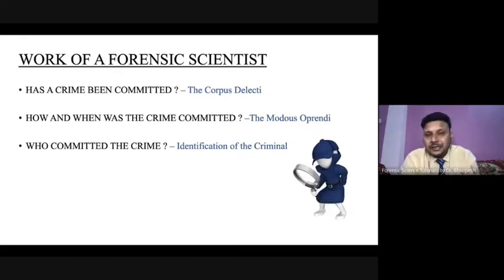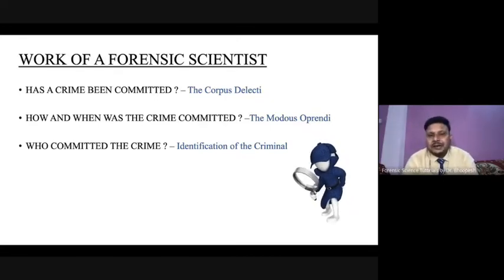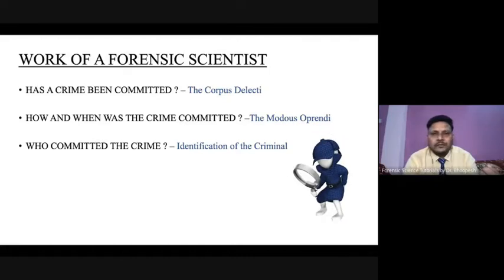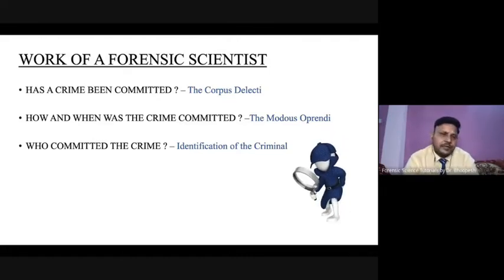Has the crime been committed means you visited a crime scene, whether that crime scene is genuine or fake. If it is genuine, whether actually there has been a crime. Somebody may light a fire in his own house, or deliberately cause arson to get a fake insurance claim, or a fake theft insurance claim. So whether there has been a crime or not.